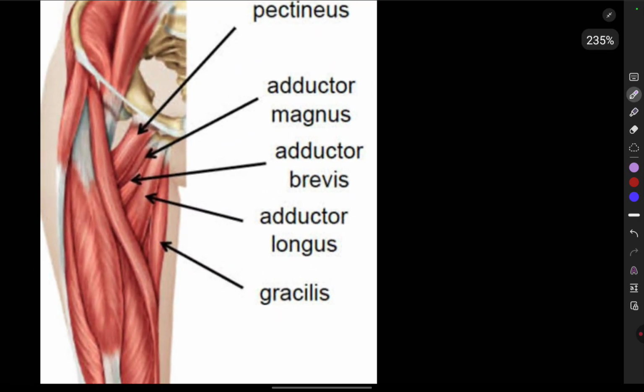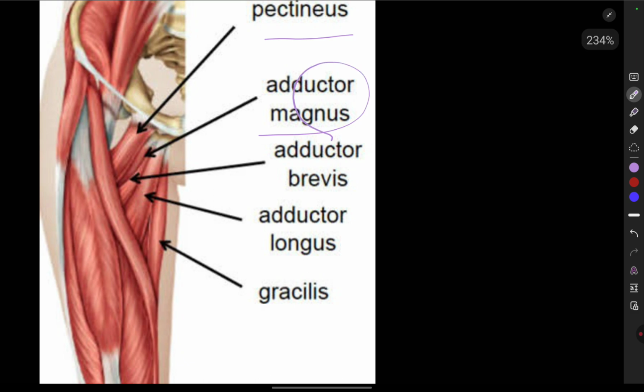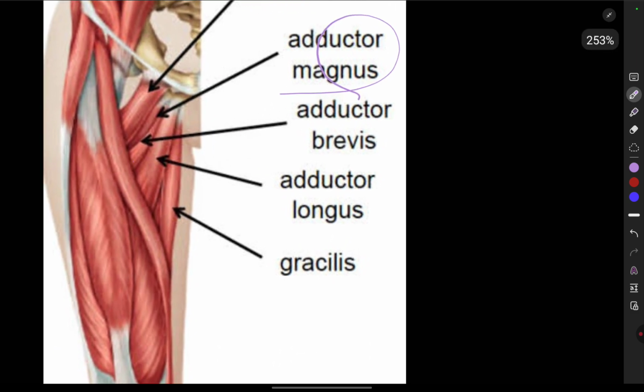See, this is the pectineus muscle, the adductor magnus, that is the largest muscle. We have the adductor brevis, the adductor longus, and the gracilis. Gracilis is a slender, rope-like muscle lying on the medial or inner thigh.